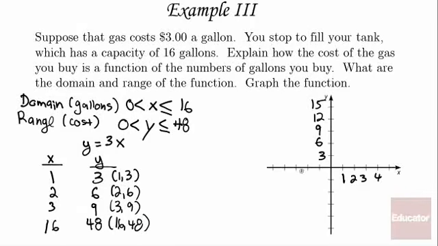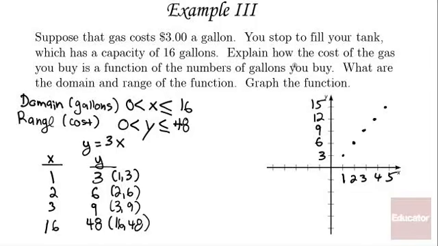I can graph these by forming some coordinate pairs. And what I'm going to see is that 1 gallon of gas is $3, 2 gallons of gas is $6, 3 gallons is $9, 4 is $12, 5, if you kept going, would be $15. Now, I actually can connect these to form a line, because what this is telling me is that I have a capacity in my tank of 16 gallons.